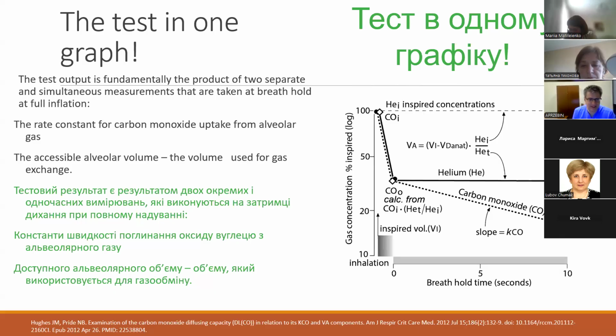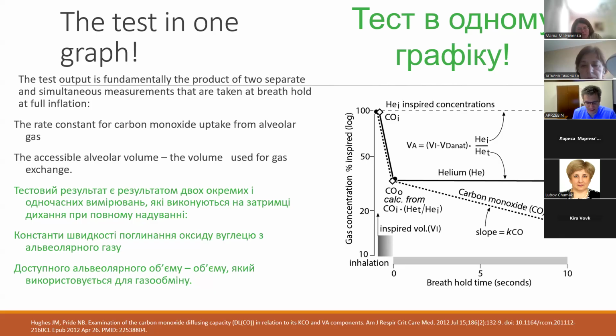Fundamentally, the test output is the product of two separate and simultaneous measurements that are taken at a breath hold at full inflation. In practice, your patient is sitting in the machine with a good seal over the tube that they're breathing this gas through, and they take a full breath to maximal lung capacity.